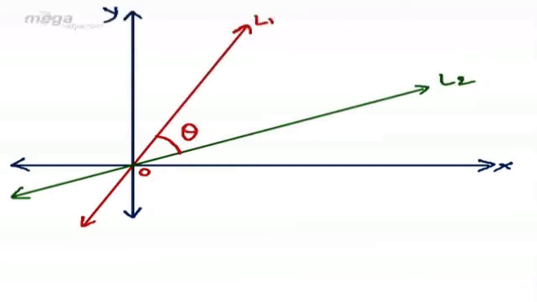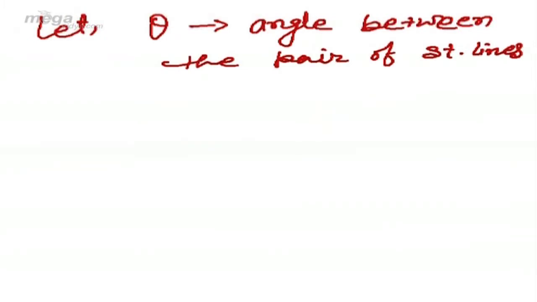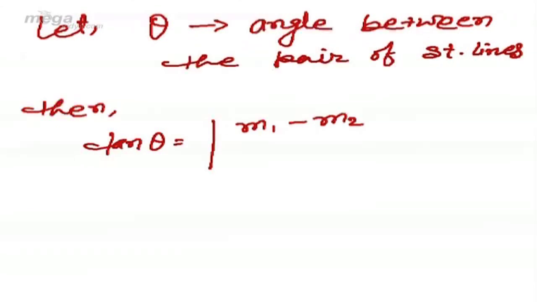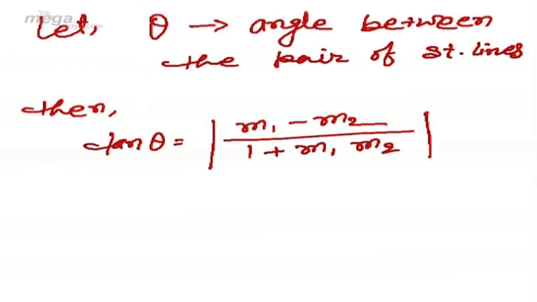So let us see. This is line 1, this is line 2. If you write the equation of line 1 as y is equal to m1x, and the equation of line 2 as y is equal to m2x, then easily you can find the value of theta by using the formula tan theta is equal to mod of m1 minus m2 upon 1 plus m1 m2, and you did this in straight lines.